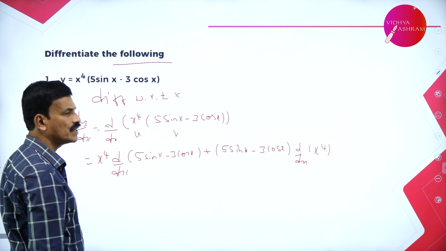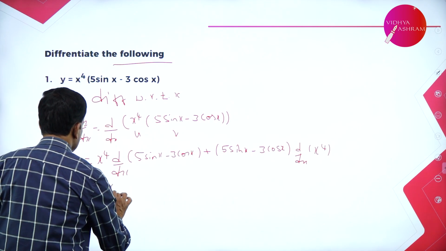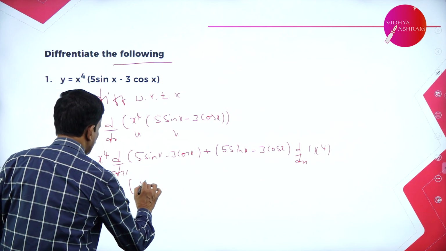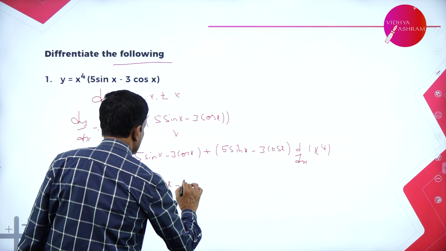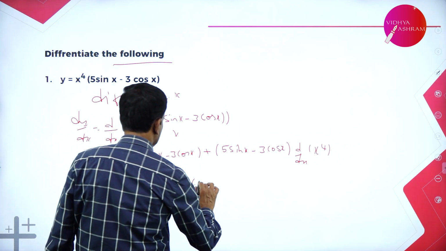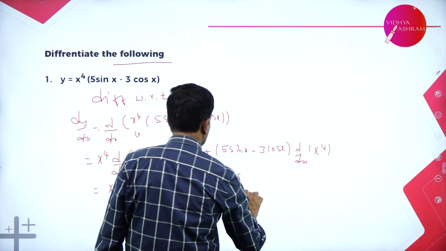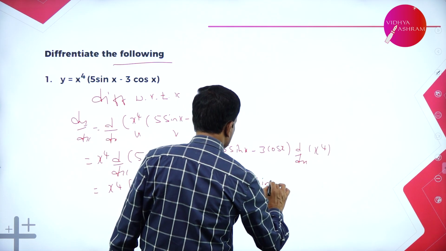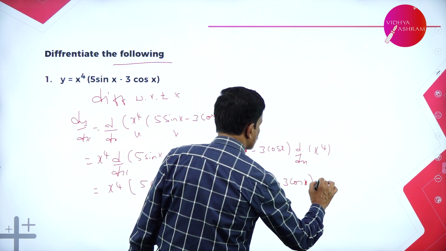First function into derivative of second function plus second function into derivative of first function. So, this is as it is, x to the power of 4 into 5 times differentiation of sin x is cos x, minus 3 as it is, differentiation of cos x is minus sin x, right? Now, plus this is same, 5 sin x minus 3 cos x into derivative of x raised to 4.